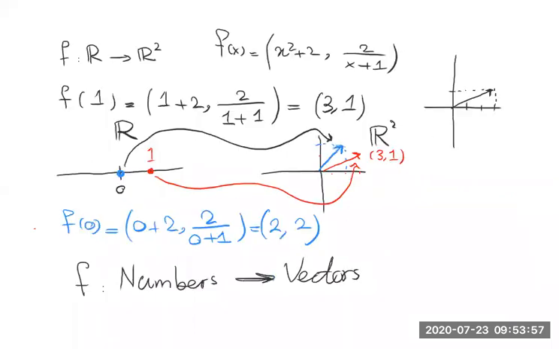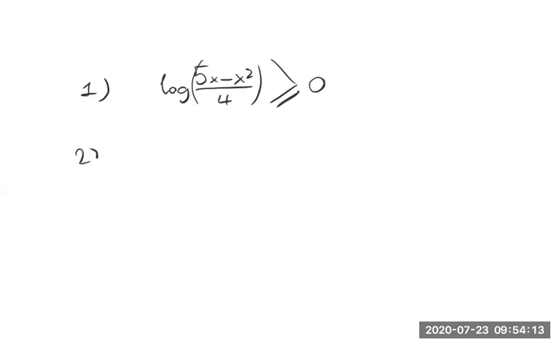So there are two things we should check. One, because log of 5x minus x squared over 4 is under the radical, this has to be non-negative, greater or equal than 0. Two, because 5x minus x squared over 4, we are taking log of that, this should be positive itself.